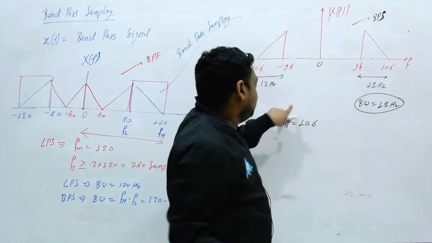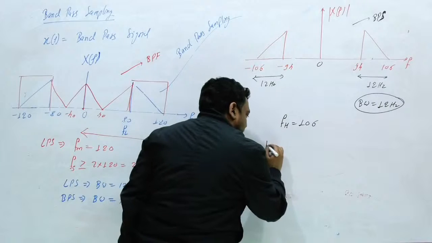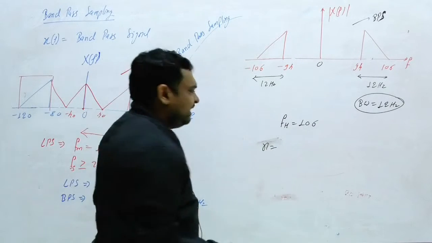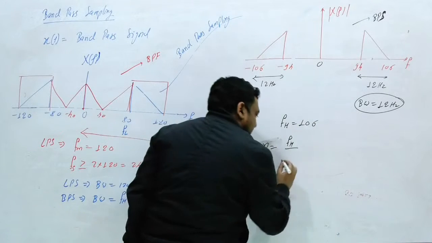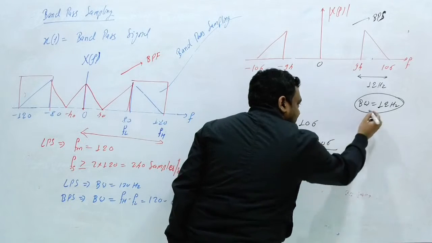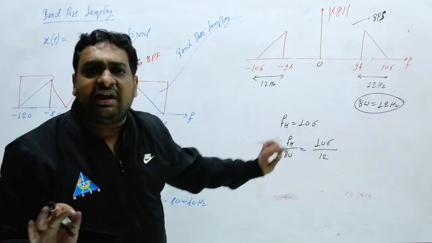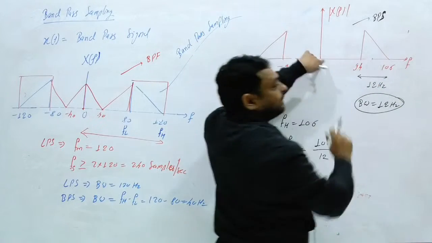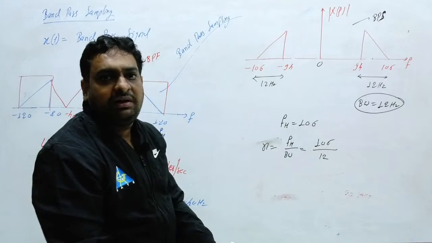One spectrum requires 12 hertz, so I find a parameter n, you can call it n, k, l, m, anything: fh by bandwidth, 106 by 12. If you don't remember this, by basic mathematics you can directly write it.